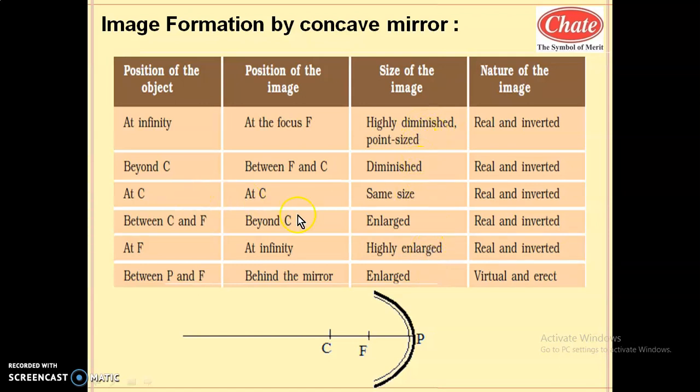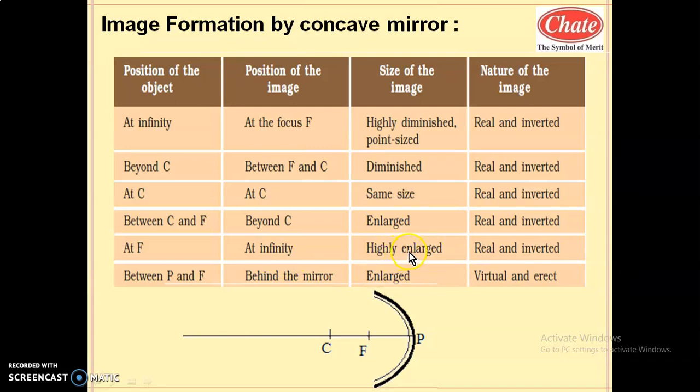At C it is the same size, like a plane mirror case. After same size, it is enlarged, then highly enlarged. When the image is formed at infinity, at a very large distance, the image will be highly enlarged.